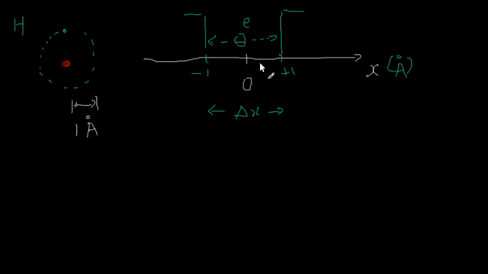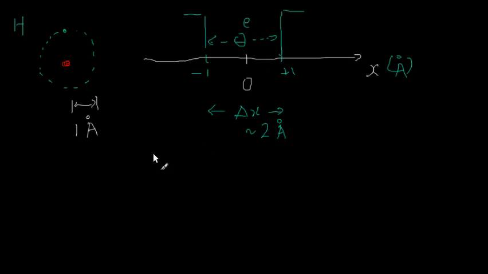In terms of the uncertainty principle, we can say that delta x is about 2 angstrom. And then if the possible range of position is 2 angstrom, we can use the uncertainty relation to calculate the range of momenta that this electron must have.